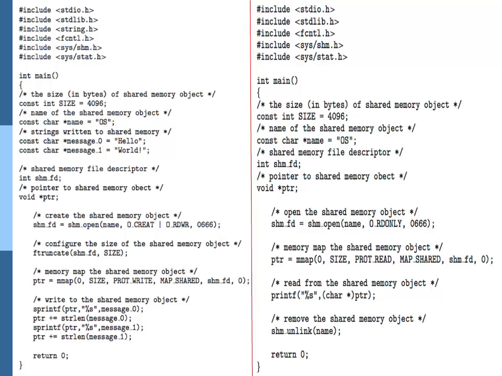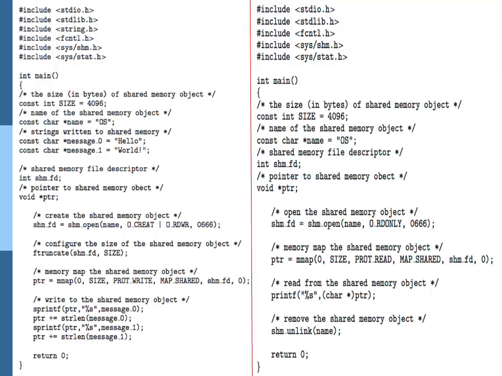Then we call the shm_open system call. And this call, if it is successful, will return a file descriptor, so we assign the file descriptor, which is an integer, to shm_fd. In this shm_open system call, we pass in name. The name is OS.